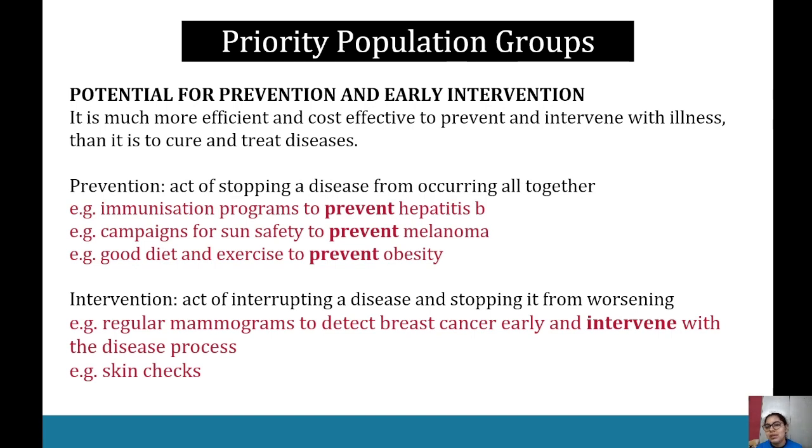So we've got immunization programs to prevent hepatitis B. We've got campaigns for sun safety. Think of slip slop slap. Think about no hat, no play. All of these measures are enforced from an early age to advocate for sun safety and prevent melanoma. Then also good diet and exercise to prevent obesity.